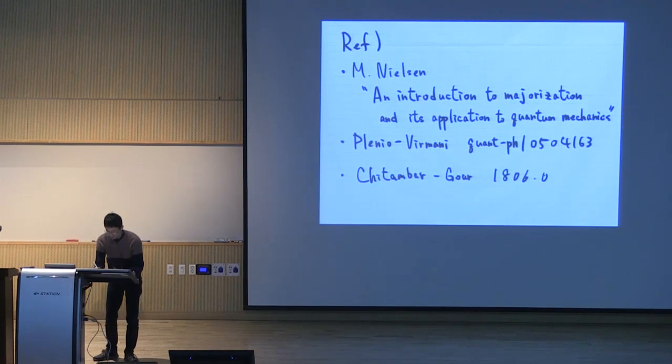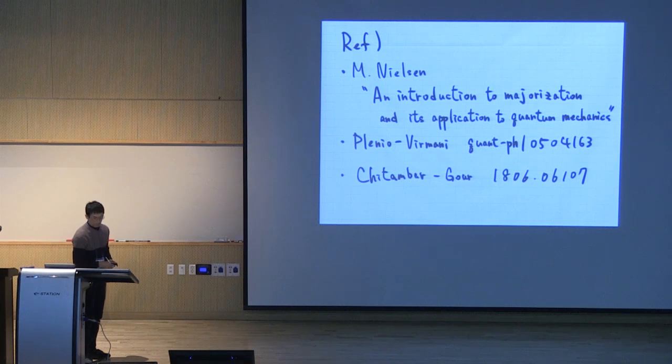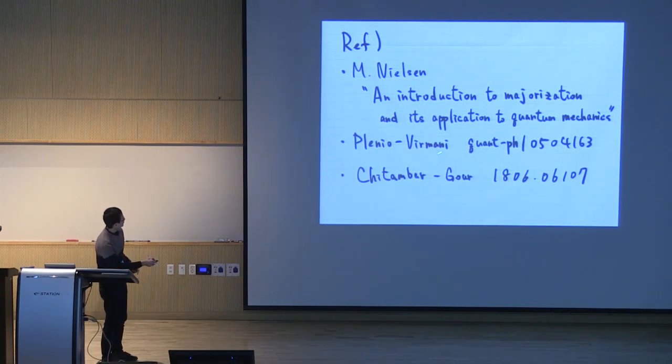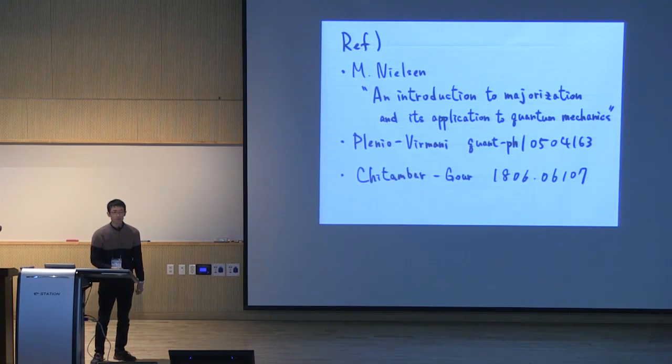This is a review of quantum resource theory. The second one is the review about entanglement measures. There you can find some axiomatic approaches to quantum entanglement measures, and more and more examples of measures if you read this review. Okay, is there any question?